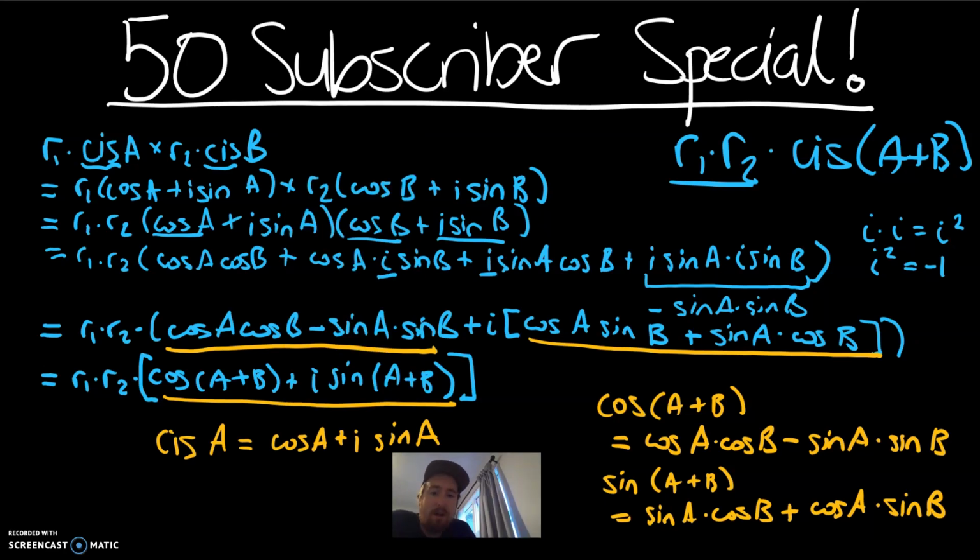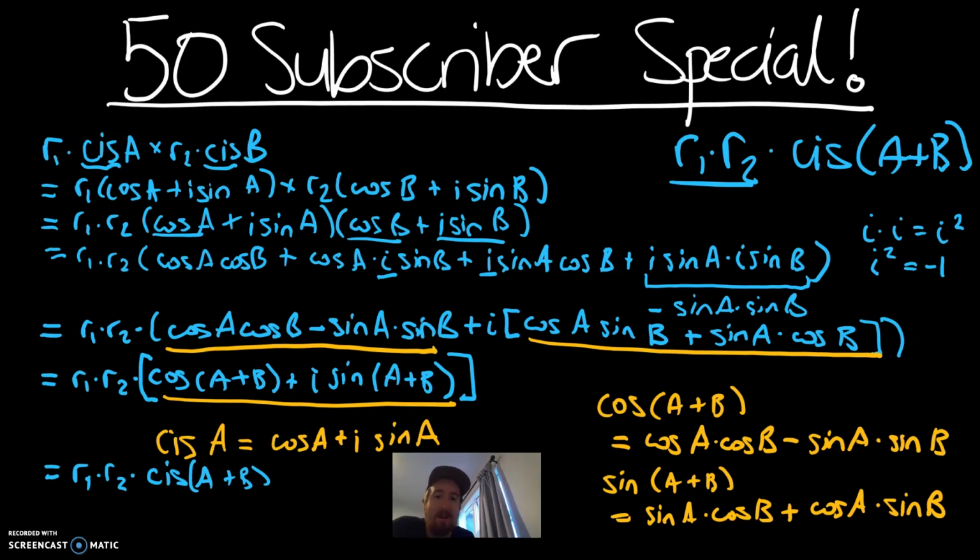We've got the cosine element there, so cosine's up there. Instead of A, it is A plus B, and we've got the i sine there as well. So what we're going to do is change that underlined part to cis A plus B. So it's R1 times R2 times cis A plus B. And let's put that in brackets. And what we've done there, that's our final step.